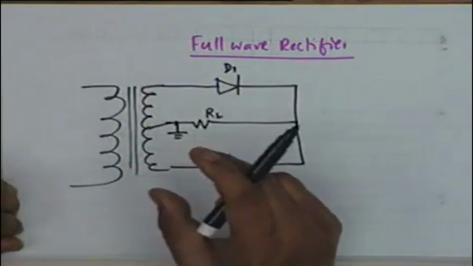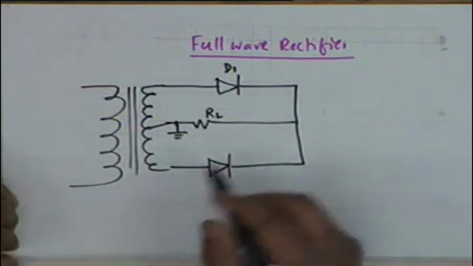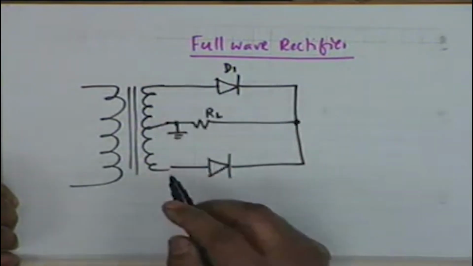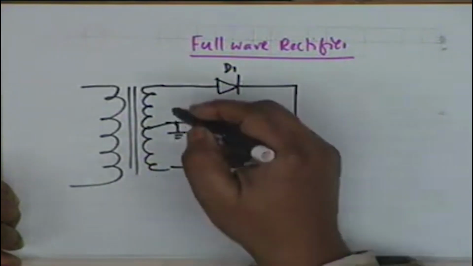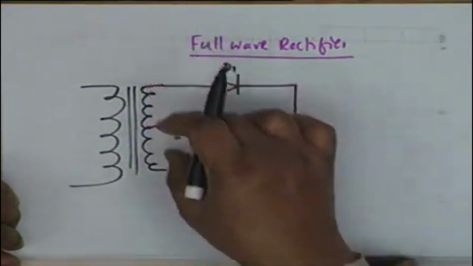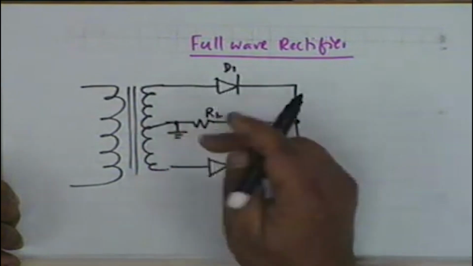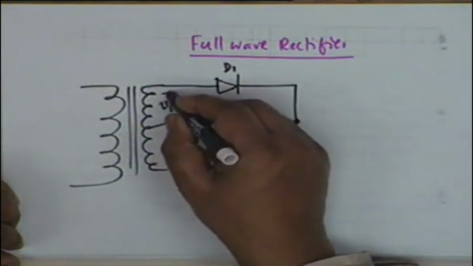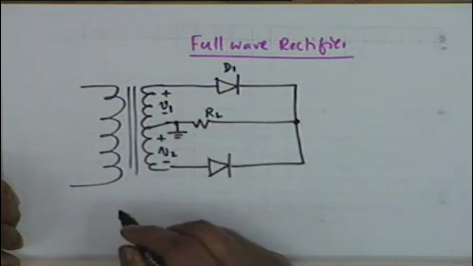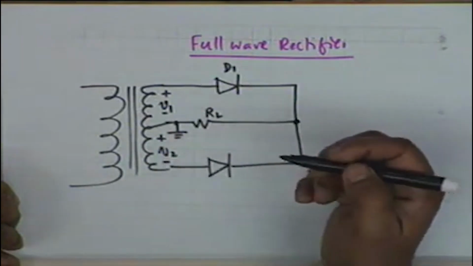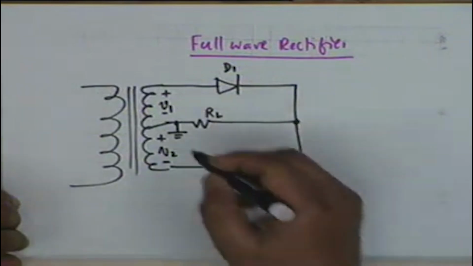It is either stepped up or stepped down by means of this center tap transformer. So the two halves are identical. In other words, if I call this voltage V1 and this voltage V2, I should have the opposite polarity.